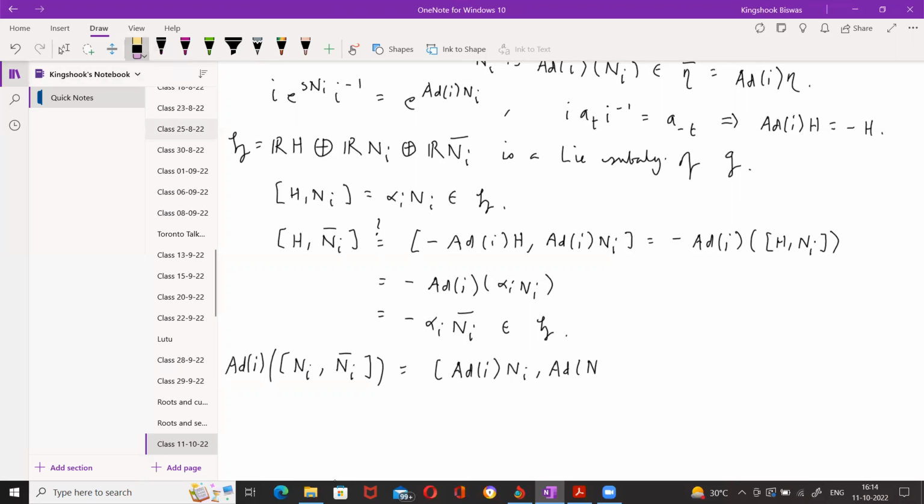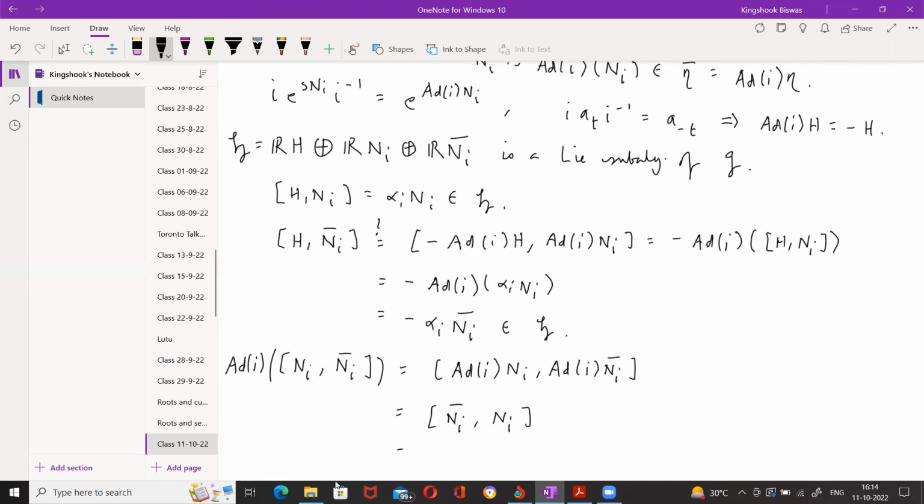Ad I applied to N_i gives me N_i bar, and applied to N_i bar gives Ad I squared of N_i. Since I squared is identity, Ad of I squared is identity, so this just gives me N_i.